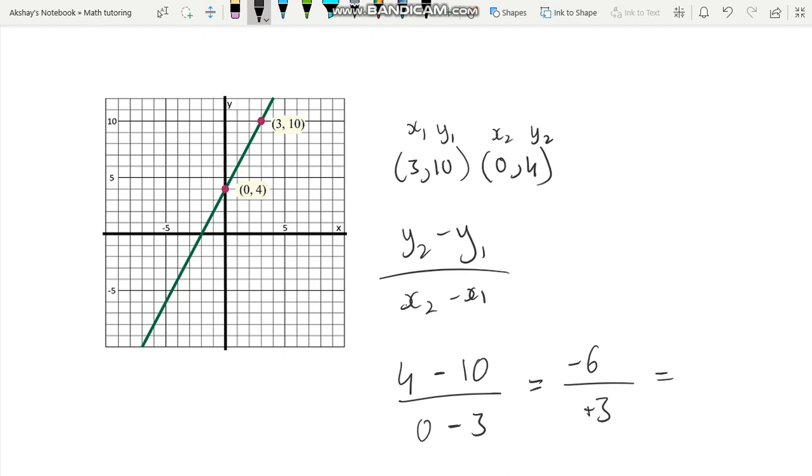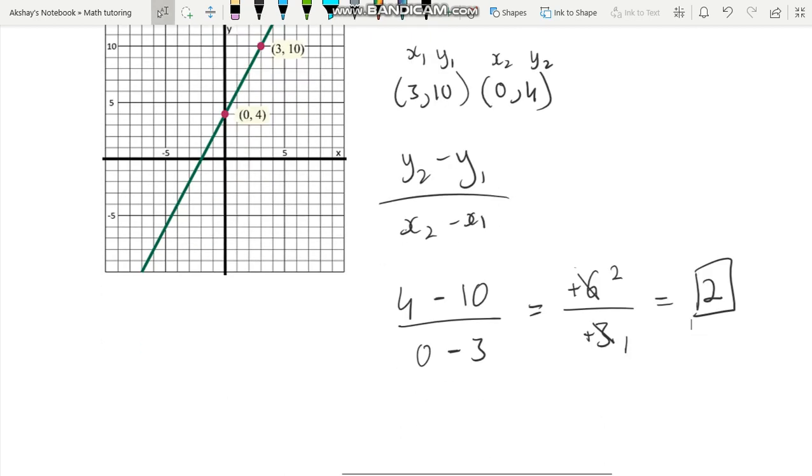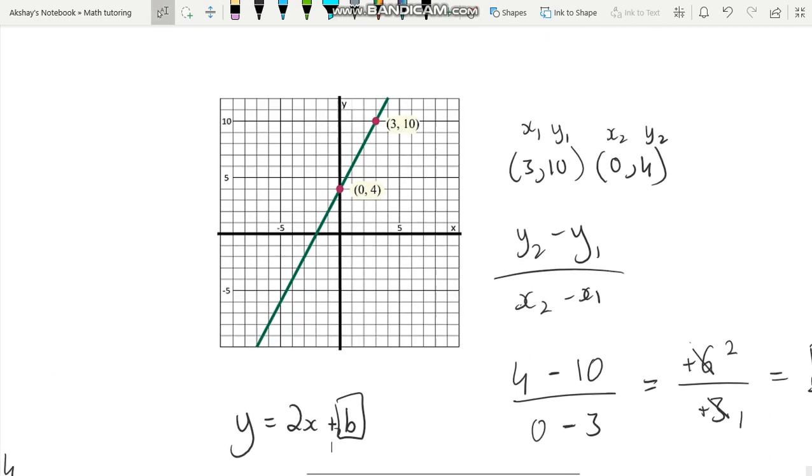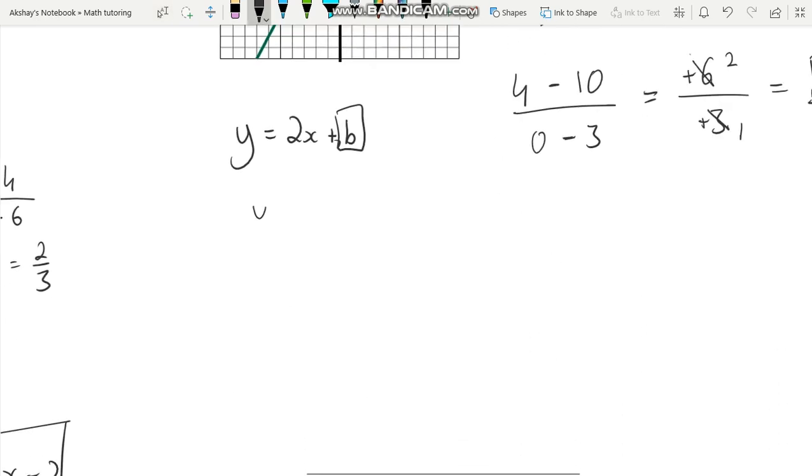Both the negatives cancel out. 6 divided by 3 is 2. I have a slope of 2, hence my function looks like y equals 2x plus b, which is my y-intercept. In this case, they provided us with our y-intercept, which is 4. Hence, we have y equals 2x plus 4.